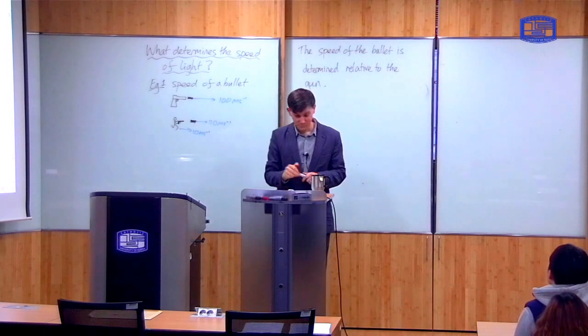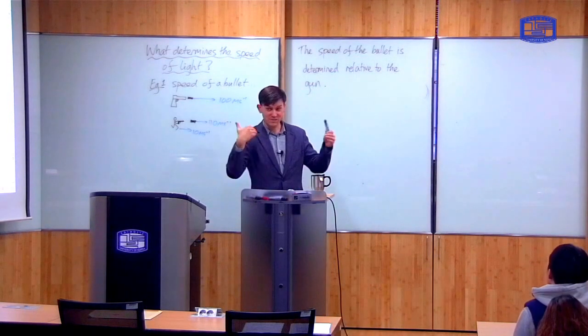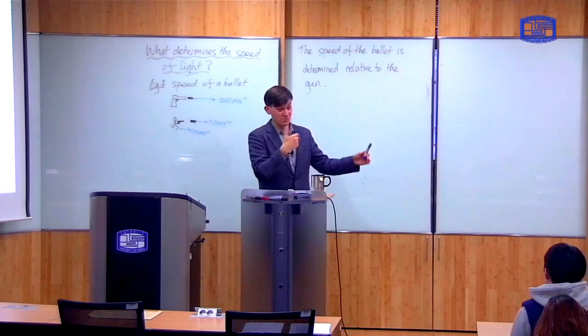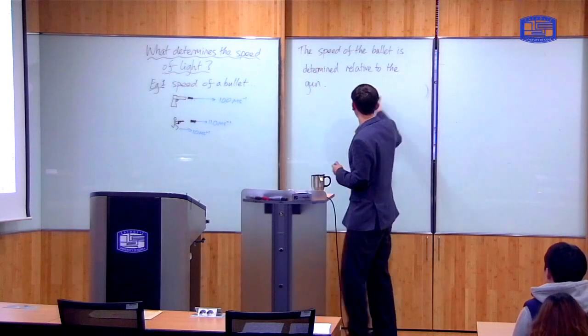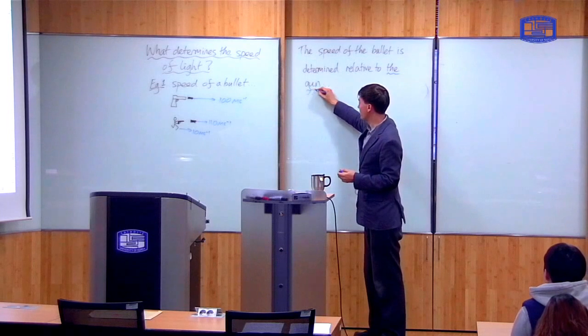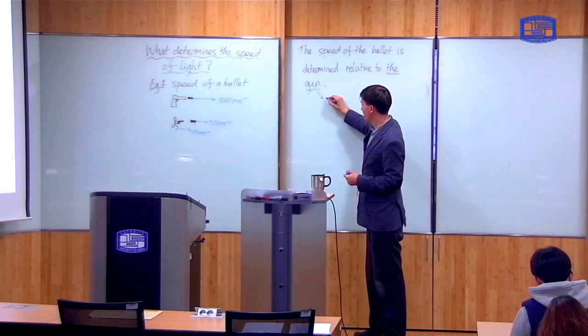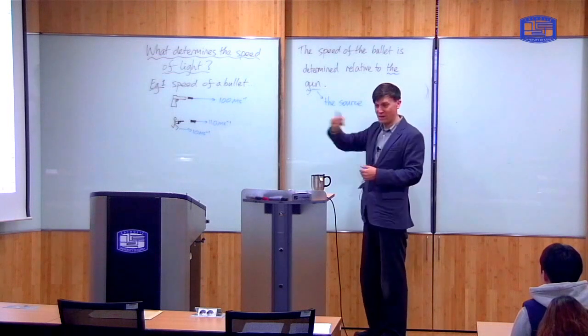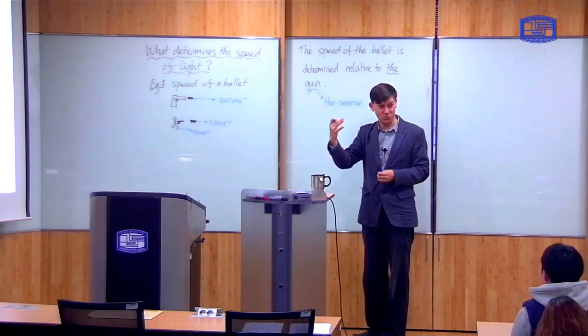If I change the speed of the gun, that changes the speed of the bullet fired from the gun. The general term for the gun in this example is the source, the source of whatever I am emitting. So the gun is the source of the bullets.